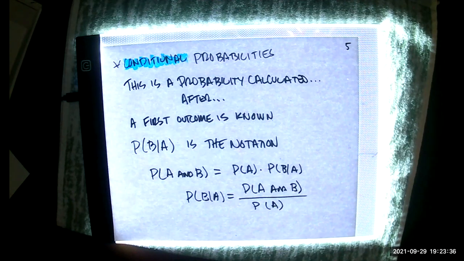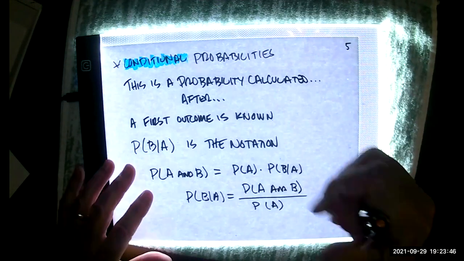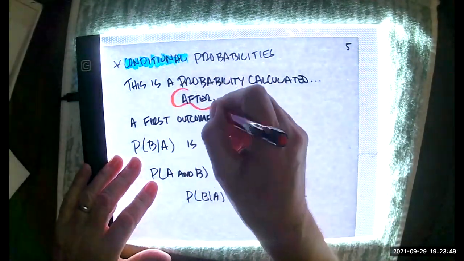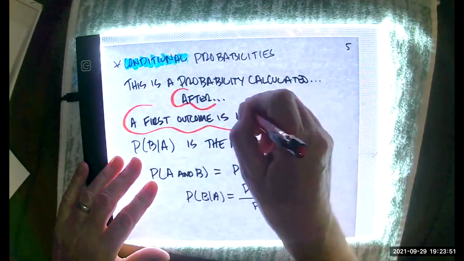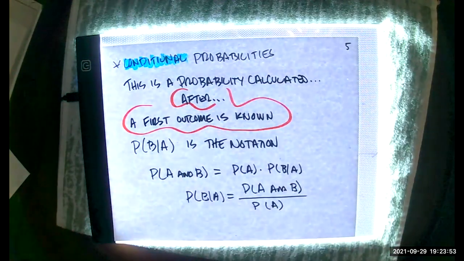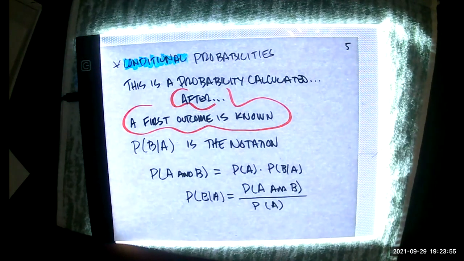It's important to realize, however, that this conditional probability is calculated after a first outcome is known. I cannot overemphasize this fact. It's calculated after a first outcome is known. We even have special notation for that.